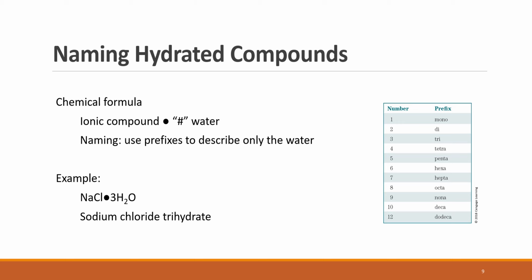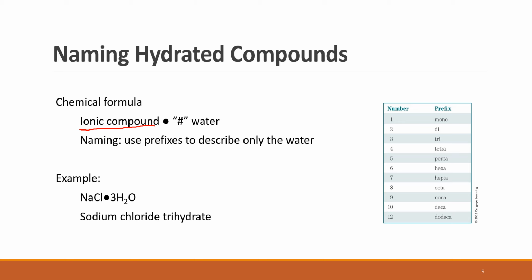So the nice thing about naming these is it's not entirely new, because we're going to name the ionic compound portion how we've already learned. So if it's a main group ionic compound, we name it with the metal first, and then the non-metal portion, we would end with an IDE ending. Or if the non-metal portion was a polyatomic, we would use the polyatomic ending.